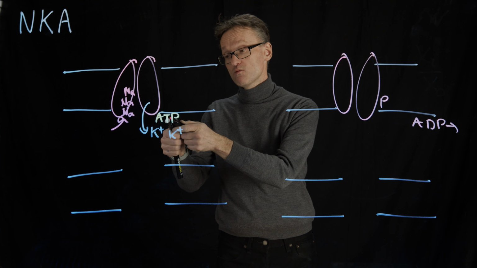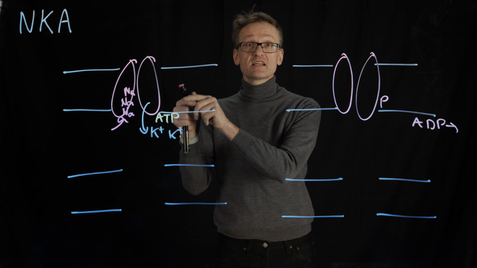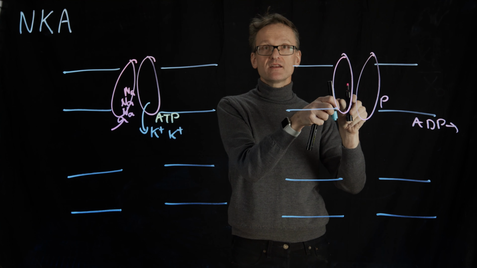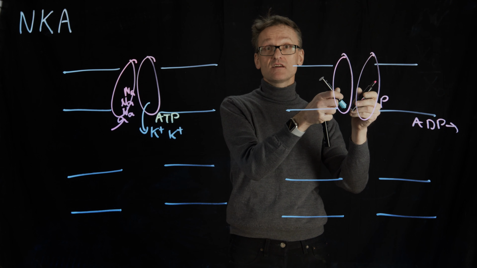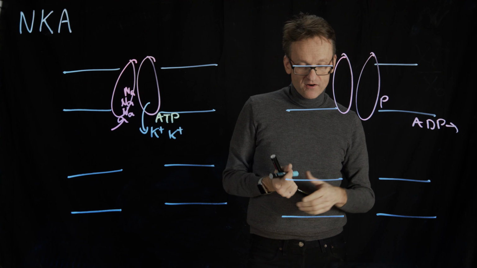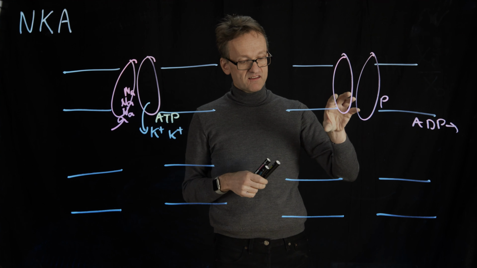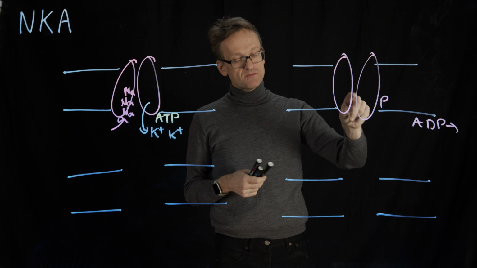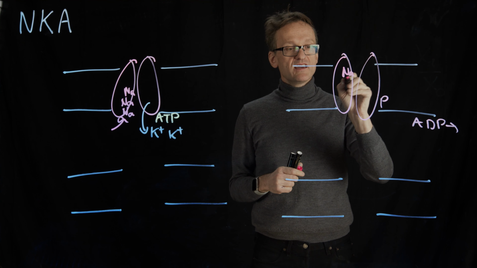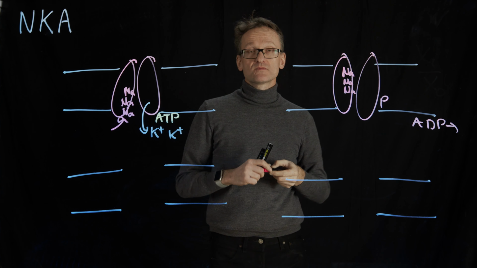So somehow, when this process happens, there must be a free energy barrier, but once we actually have released that phosphate, it should be better for the molecule to be in another state, this state in particular. When we are in this state, what happens is that we have something that's open to the outside, but I still have my 3 Na bound, and there is no potassium.